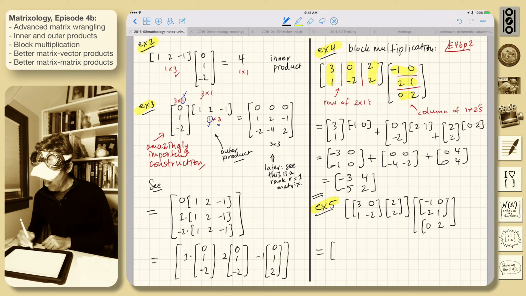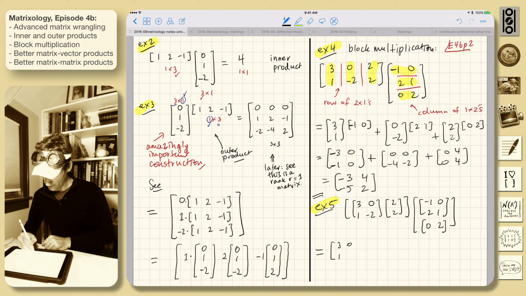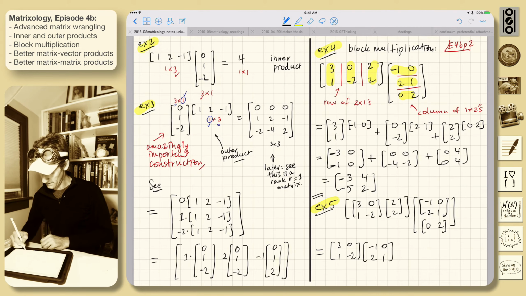And so we'd have, right? So now it's just, here's a blob, here's a blob, blob, blob. Okay, get rid of those things. That's all right. And we need an extra thing here. So this is going to be 3, 0, 1, -2, -1, 0, 2, 1. So that's well defined, plus an outer product, 2, 2, 0, 2.